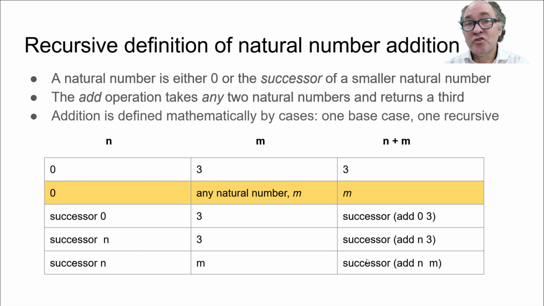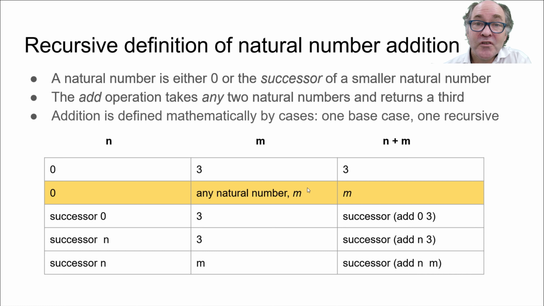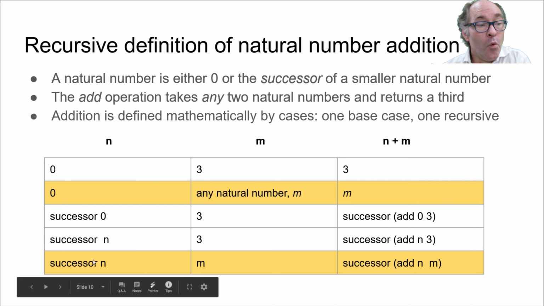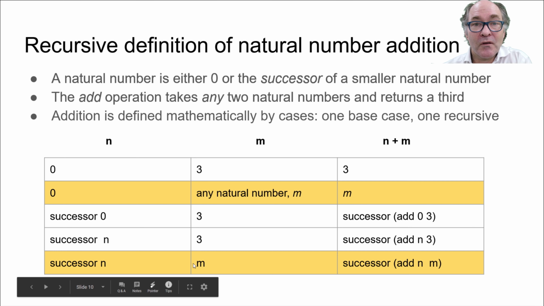So I'm going to highlight the two general purpose rules here. The first rule says if you're adding 0 to any natural number m, the answer is just m. The second rule is if you're adding one more than some other number to m, then what you do is you compute the sum of n and m and take one more than that. And computing the sum of n and m is easier than computing the sum of n plus 1 and m.